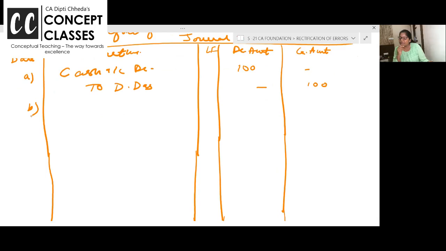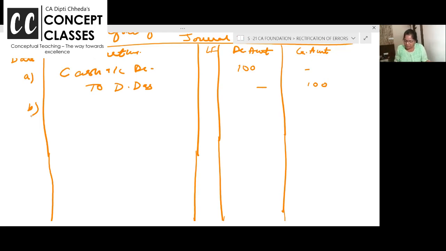Total of return inward book for December has been cast 100 short. Now this is a one-sided error.